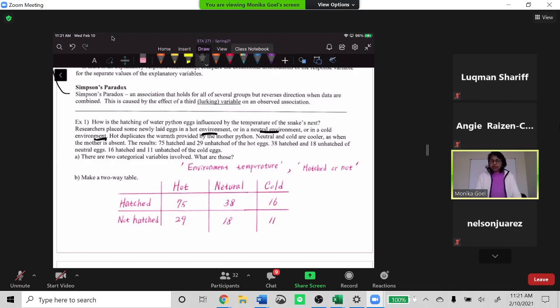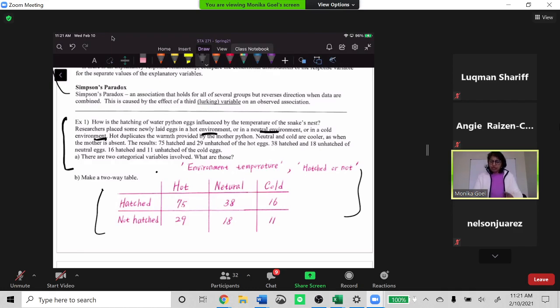So again, you will not get this part, the table that is provided in red. So just forget it for a second and read the question and try to see what information is provided to you. So we are given two categories, right? Environmental temperature as well as the hatching or not hatching of the egg. Once you have that information, how do you make a two-way table using those two categorical variables?